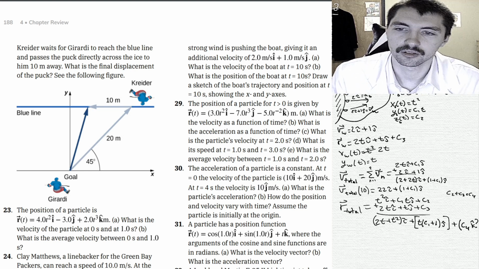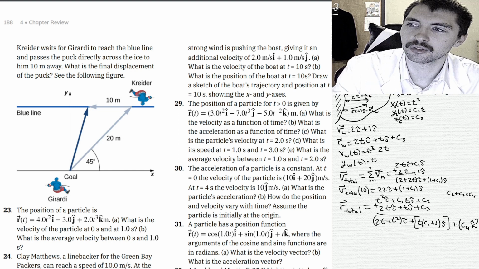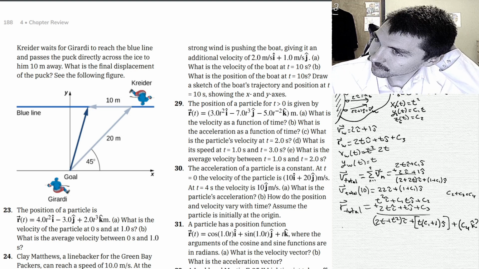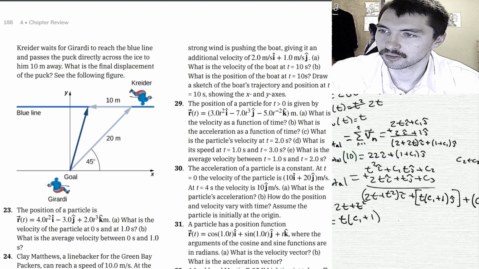Okay, draw the sketch of the trajectory. Okay, so now they want to do that. So x is 2t plus t squared. Okay, y is t C plus 1. Okay.